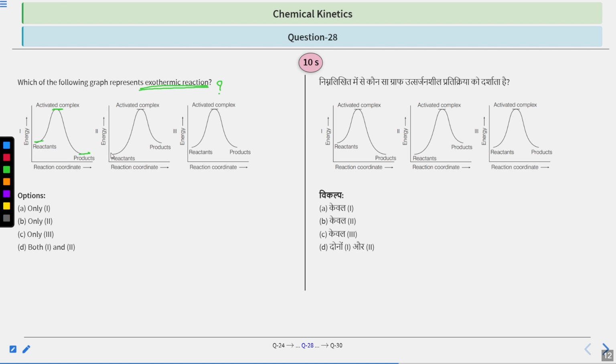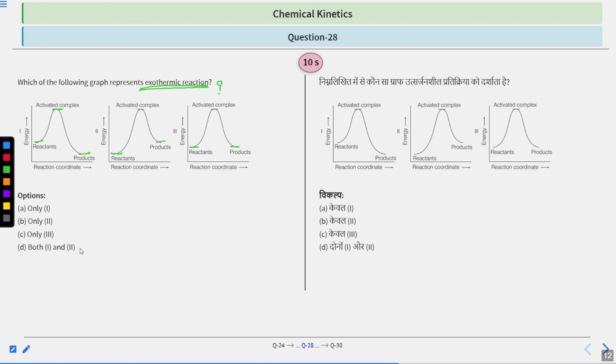The energy for reactant and product differs in the three graphs. Options are only first, only second, only third, or both first and second.